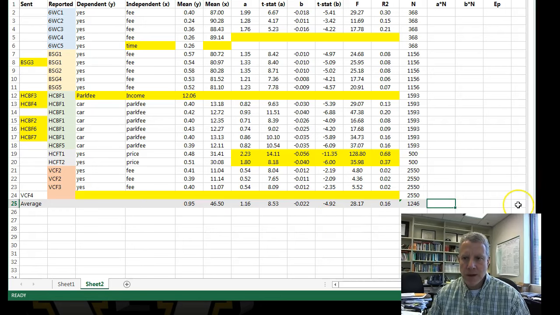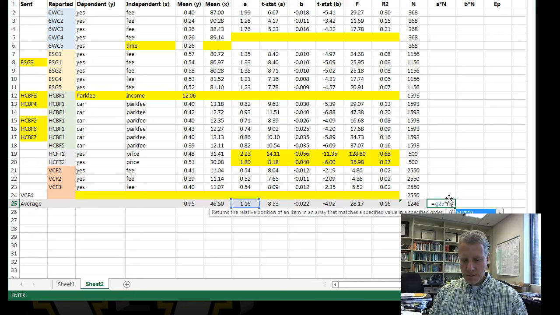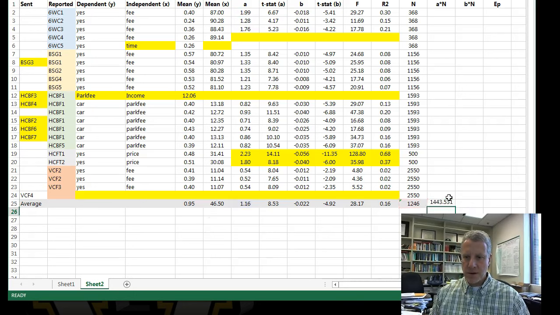Okay, so I'm going to do that over in the A times N column. So A is the demand intercept, N is the market size. So G25 times M25 is my intercept.